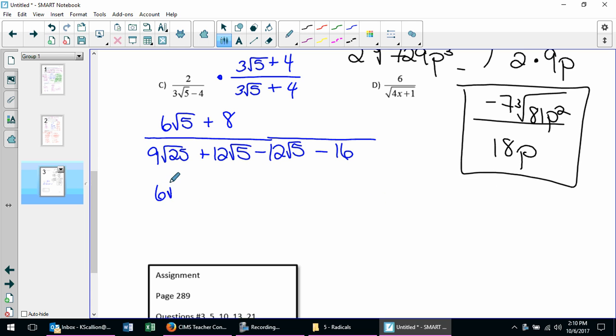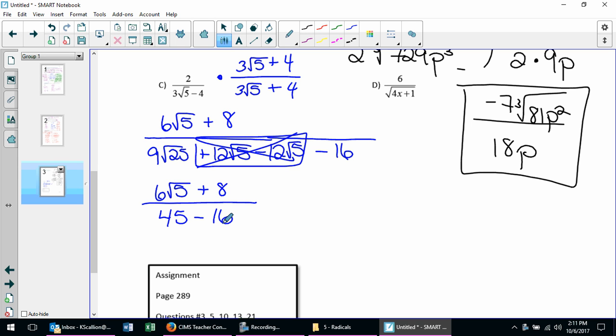So I have 6 root 5 plus 8. Those cancel each other out over 45 minus 16. I did all that math in my head. Are you proud of me? What's the square root of 25? 5 times 9 is 45.